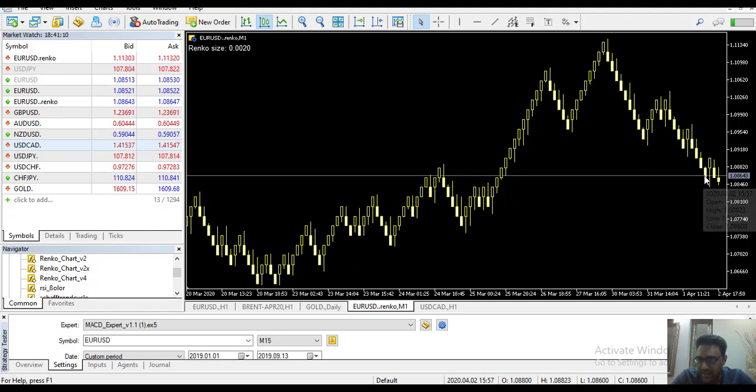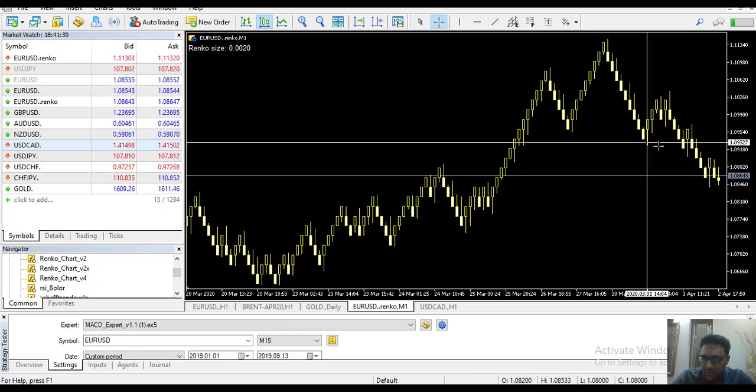When this red brick broke, it moved the price down. But since we are looking at 200 points or 20 pips, since another 20 points weren't completed, the downside brick didn't complete, and it formed a wick and moved upside, right? Now you get the point. Why the wicks are very important?